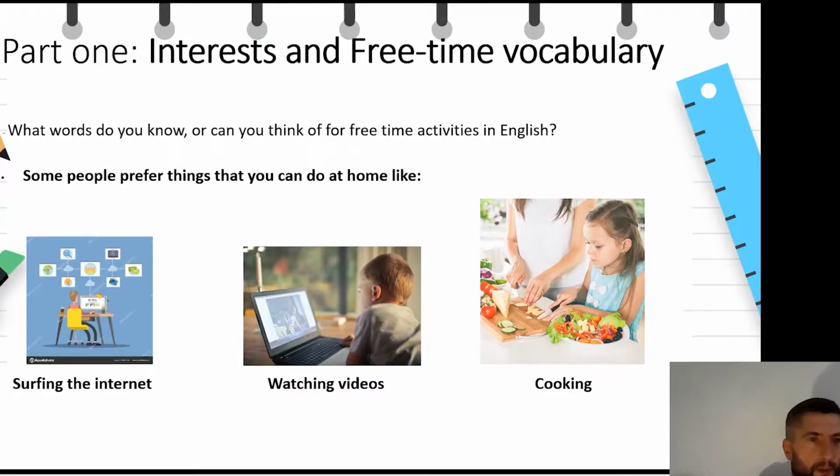So, let's start with part 1, interests and free time vocabulary. What words do you know or can you think of for free time activities in English? For example, some people prefer things that you can do at home, like surfing the internet, watching videos on YouTube, or cooking.